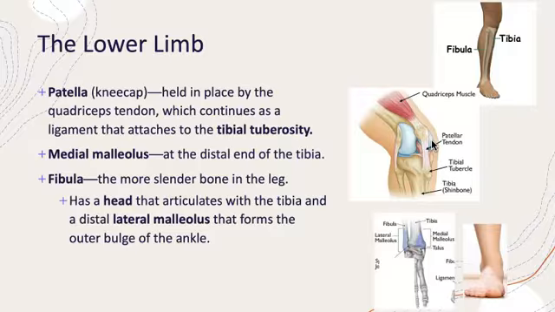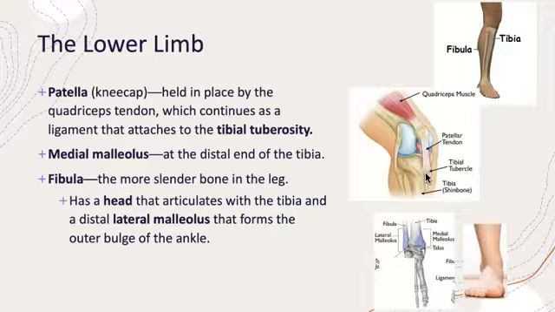That's held in place by the quadriceps tendon, and it'll be continuous with this ligament here called the patellar tendon. Above it, we find the quadriceps femoris muscle tendon that encases the patella, and then this patellar tendon is going to go down and attach to the tibial tuberosity.